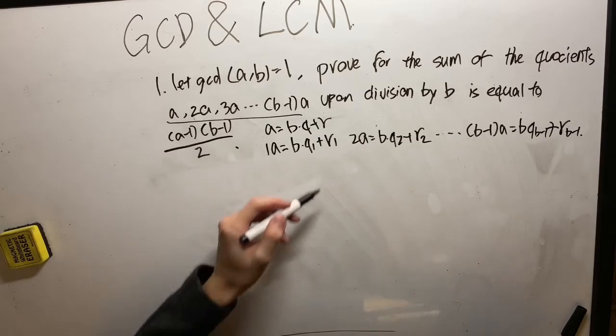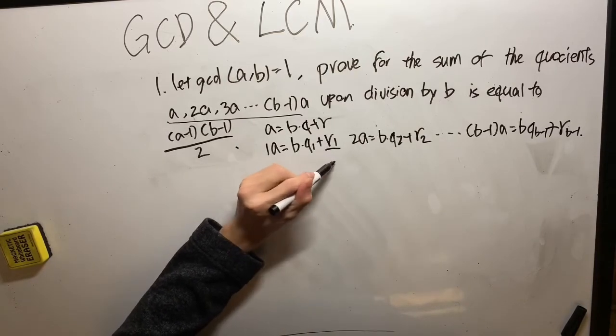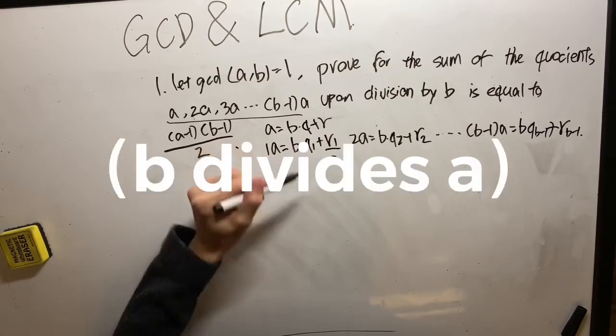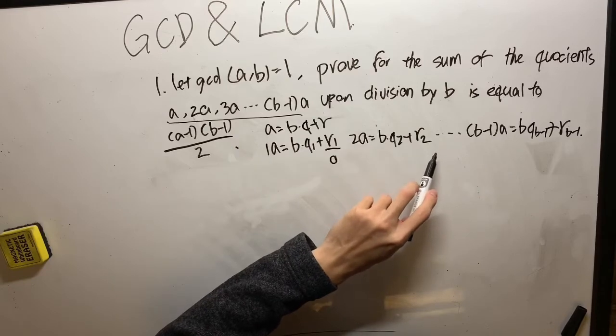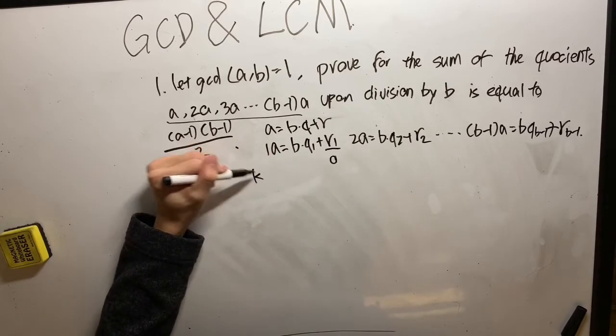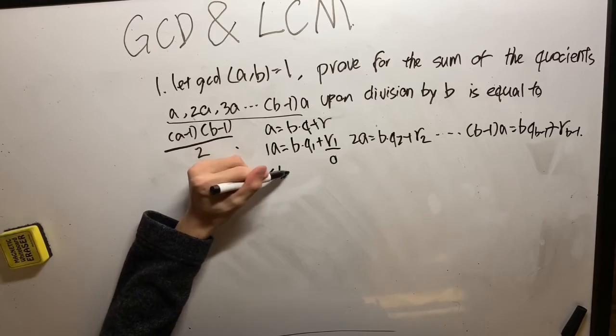That would mean one of these R is equal to 0. So let's take k, where k is bigger than or equal to 1 and less than or equal to B minus 1.